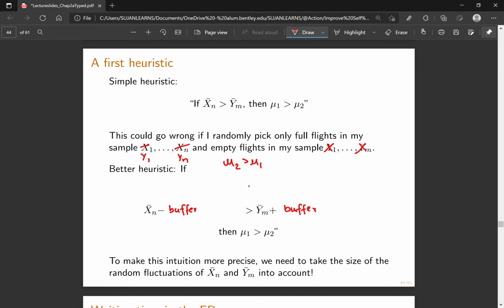What we are saying is that even if we subtract a certain amount from x, and add a certain amount to y, and there is still the inequality between them as we expected, then we can say that mu1 is greater than mu2.